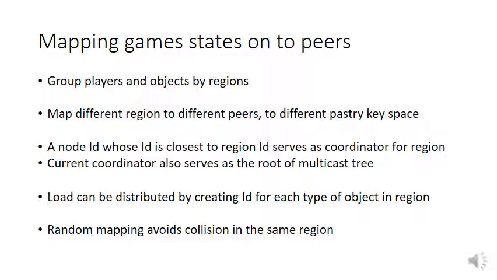A coordinator also serves as the root of a multicast tree. So multicast is again just relaying a message of our state into the network, and the players in the same region receive that. Load can be distributed by creating an ID for each type of object in the region, and random mappings avoid collisions in the same region.